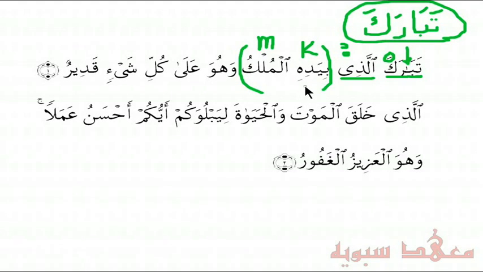Biyadihi. Now, usually in a normal jumla ismiya, you'd have al-mulku before biyadihi. So usually you should have al-mulku biyadihi, not biyadihi al-mulk. Why is it this way? It actually has a slightly different meaning when you change the order around. That's a linguistic subtlety of the Arabic language: even though you can change words around, it still has the same general meaning, although it does give a slightly different meaning.